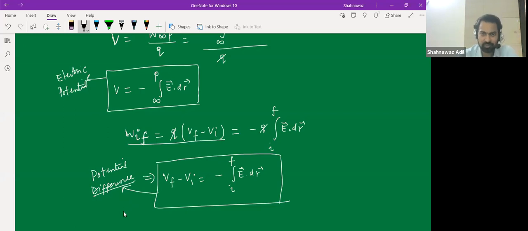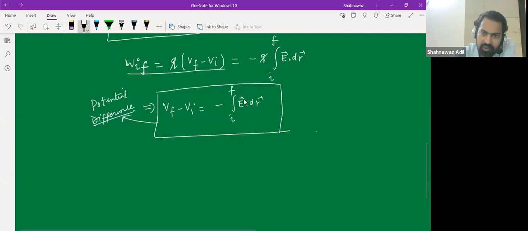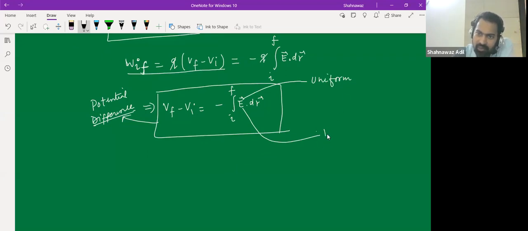Okay. So again, in here, this electric field could be of two types. This can be uniform, and this again can be variable, right?